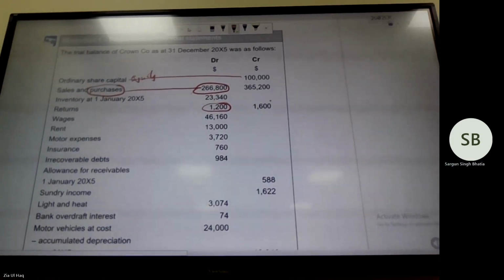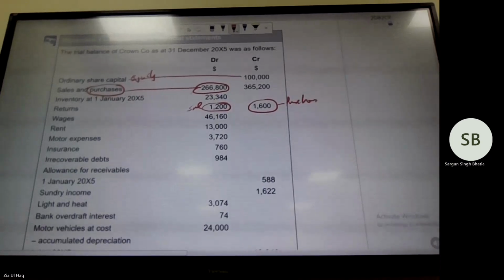Reversal of sale: if sale is credit, then sales return is debit, and this is reversal of purchase, so this is purchase return. We will deduct from the sale figure and purchase figure.